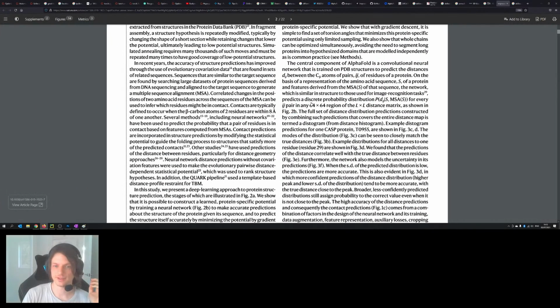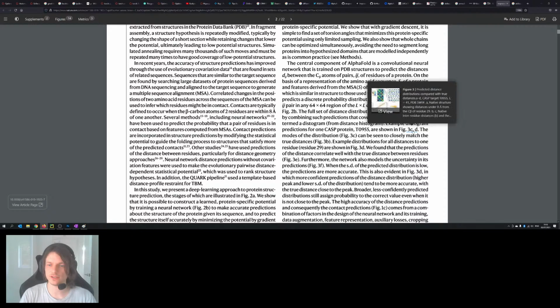Okay, that makes sense. The full set of distance distribution predictions, constructed by combining such predictions, that covers the entire distance map is termed a distogram, or distance histogram. Example distogram predictions for one CASP protein are shown in figure 3CD.